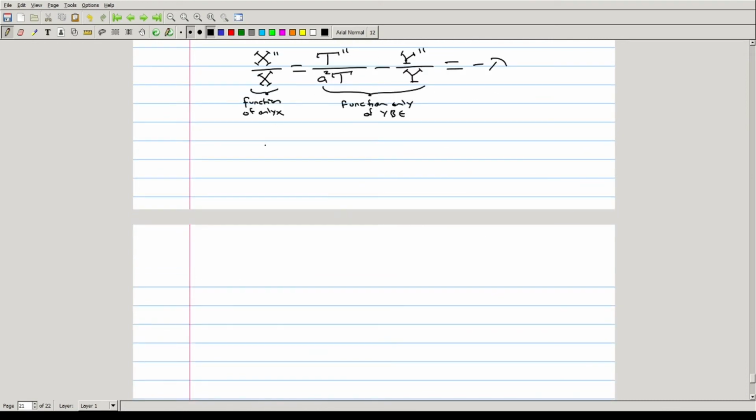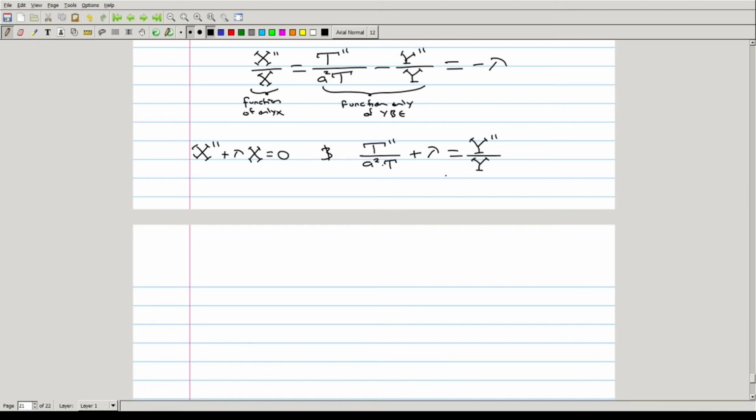And again then, this gives us that x prime prime plus lambda times x has to be equal to 0, and t prime prime over a squared times t plus lambda has to be equal to y prime prime over y.